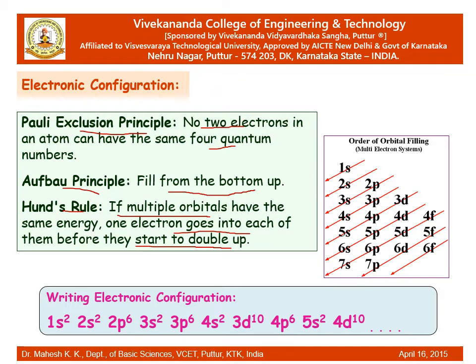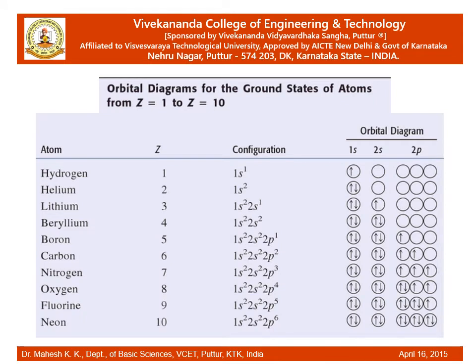So based on this, electronic configurations are made. The underlying factor for us is that by this exercise of electronic configuration, we will come to know which elements have how many electrons present in the outermost shell.